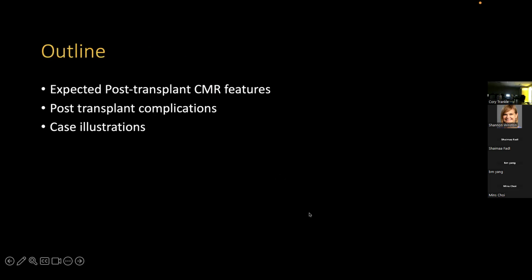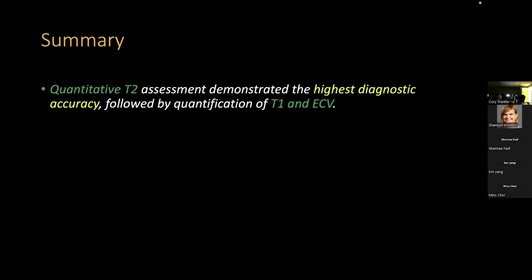And that's what we talked about: the expected post-transplant anatomic and structural features. We touched base on rejection and vasculopathy, and we shared some cases. Thank you very much. The summary of this talk is that T2 has the highest diagnostic accuracy, followed by T1 and ECV values.